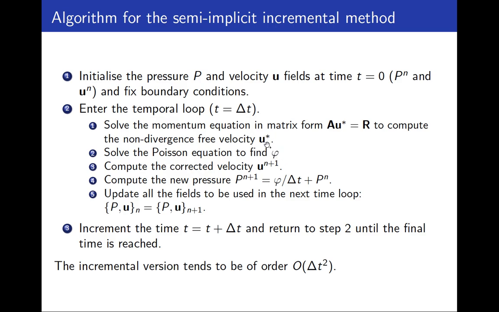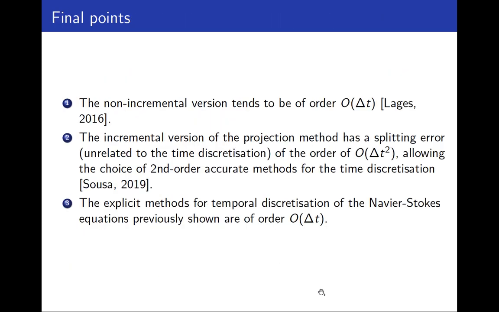With both u star and phi, we can correct the velocity u n plus 1, and then obtain the new pressure p n plus 1. Then we update all the fields to be used in the next time loop, increment time as follows, and return to step 2 until the final time is reached. So this incremental version is also of order delta t squared.